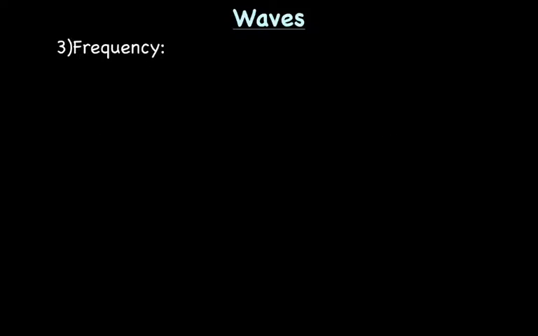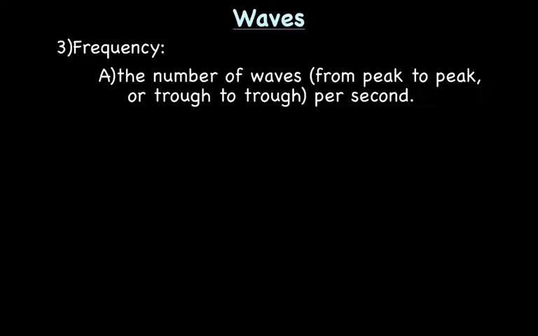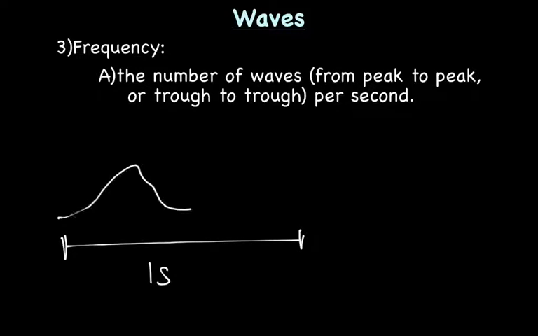Next we have frequency. Frequency is the number of waves from peak to peak or trough to trough per second. Let's make a little time bar here. Let's say from here to here is 1 second. So the frequency for this particular wave would be what?